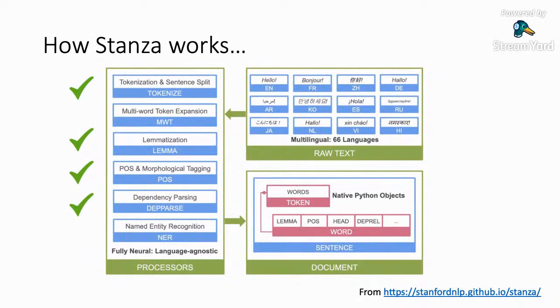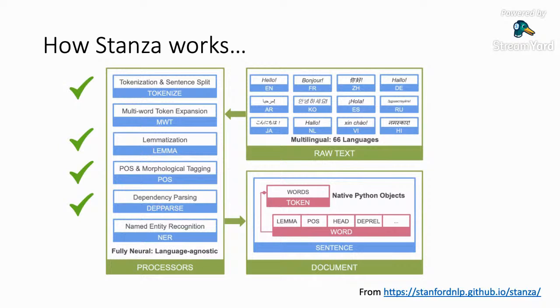So this is the schema. You start from raw non-annotated text, and then this text passes through processors that analyze it on different layers, and you can select the processors you need for your project.